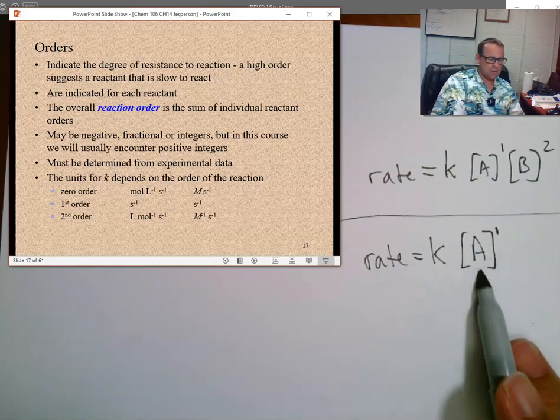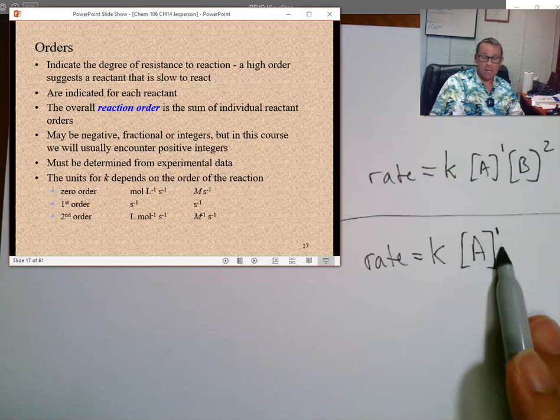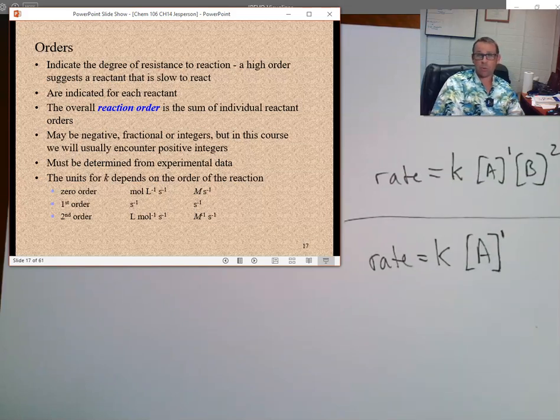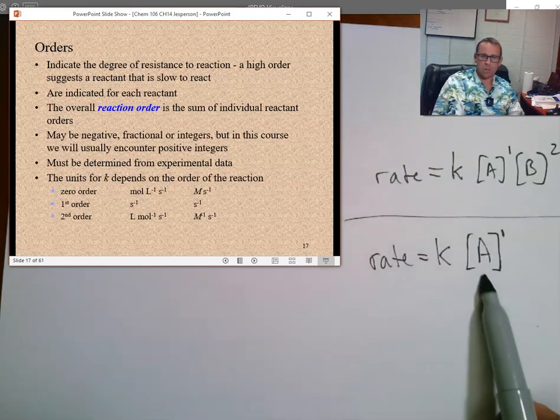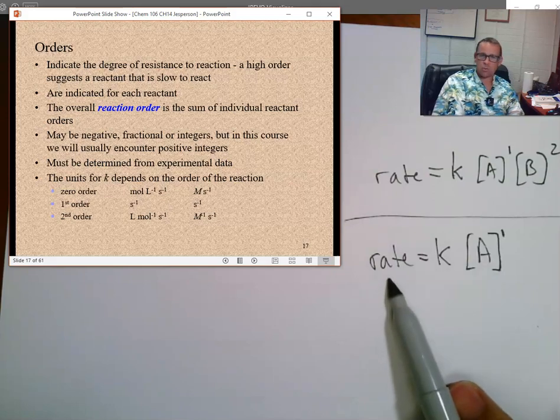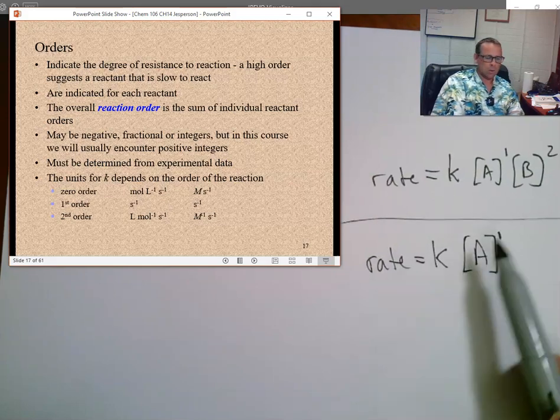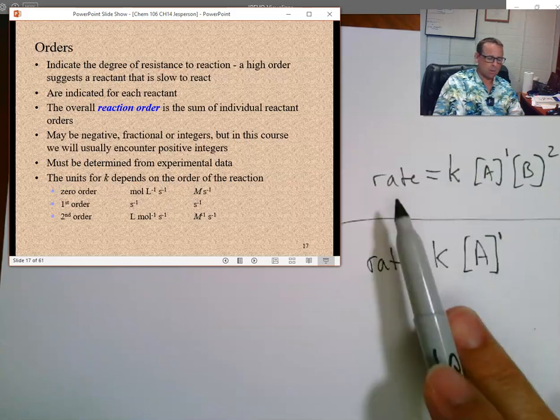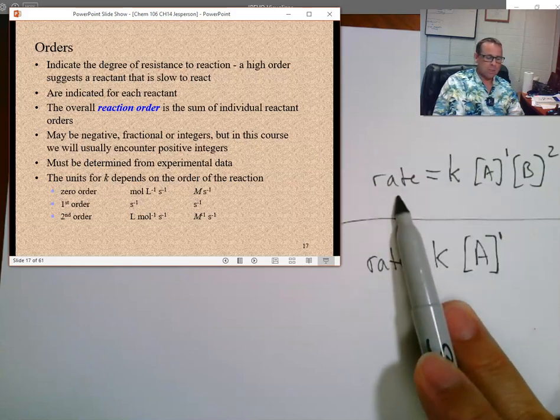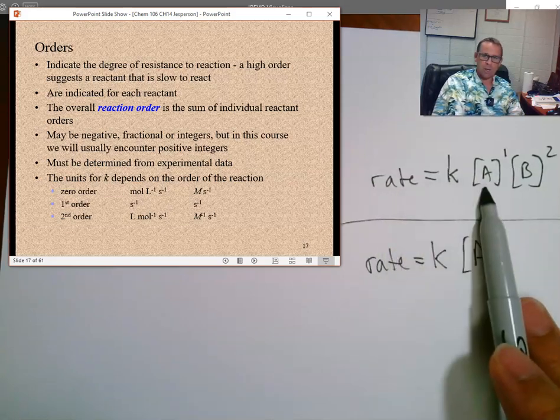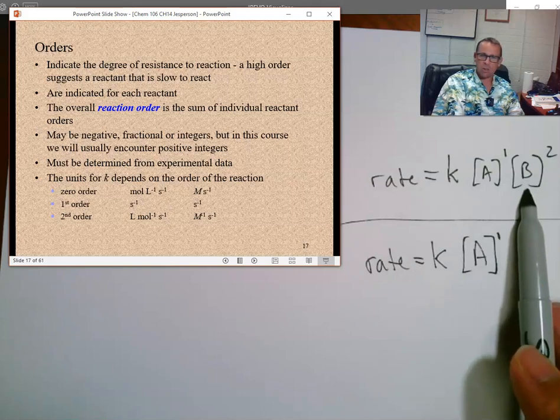Then this reaction is first order with respect to A. And apparently, whatever happens in this reaction, it's only dependent on the concentration of A to change the rate of the reaction. Whereas in this reaction here, the rate of the reaction is governed not just by the concentration of A, but it's also governed by the concentration of B.